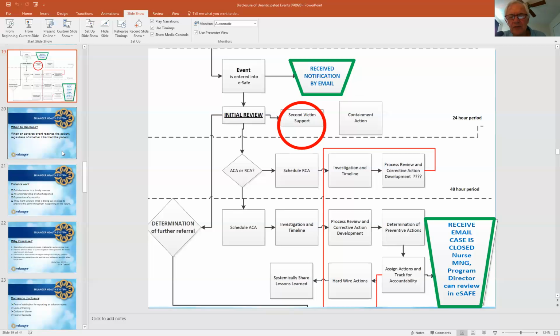So with this new system, it's much more transparent, and you receive information, and that information is updated on a regular basis until the case is closed. Once the case is closed, you will also receive another email, and the program director also will, that said the case has been closed. These are the recommendations, and then they can take that information back to you.